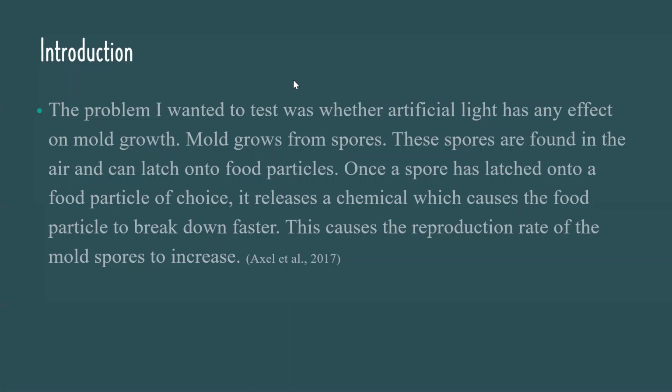Also, light fixtures, when you open the door, it turns on, and when you close the door, it turns off. Like that's the mechanism of the light fixture. So I wanted to see whether it was the artificial light or the fact that there was no light coming in that was causing the mold growth.